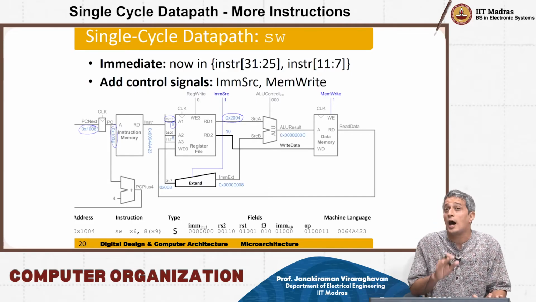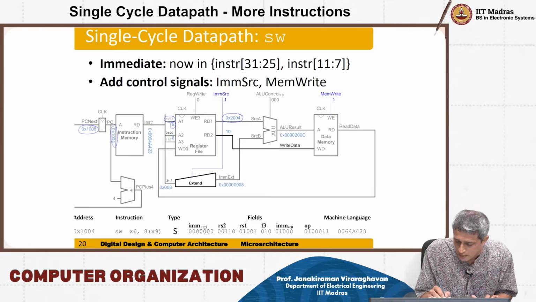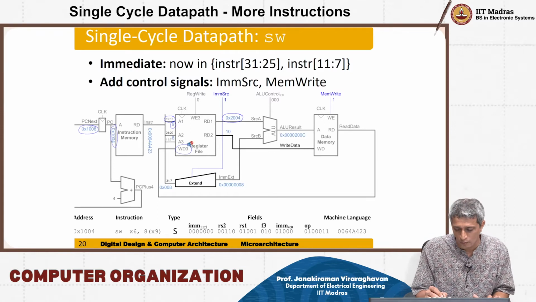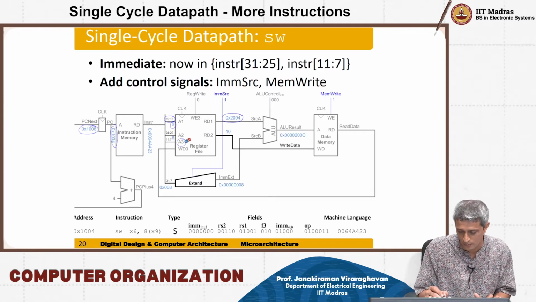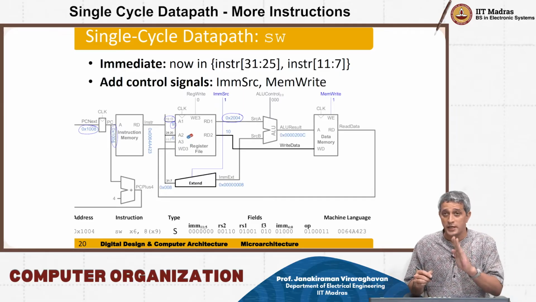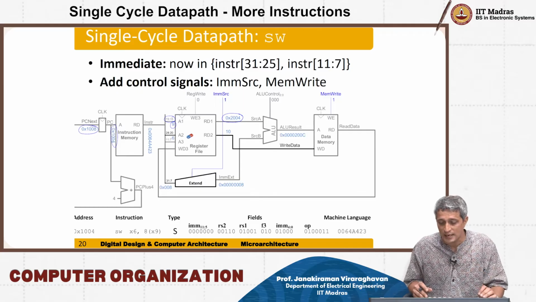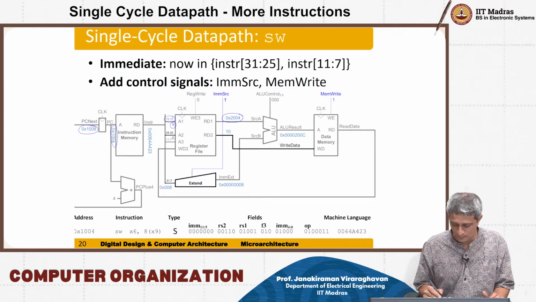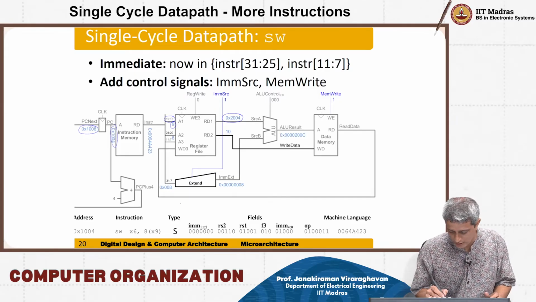So the RD field, remember the RD field always would have gone to this A3. That's the important point. So here that A3 is not used. What you need to do is to treat that as immediate data 0 to 4. So that's what you are doing here.